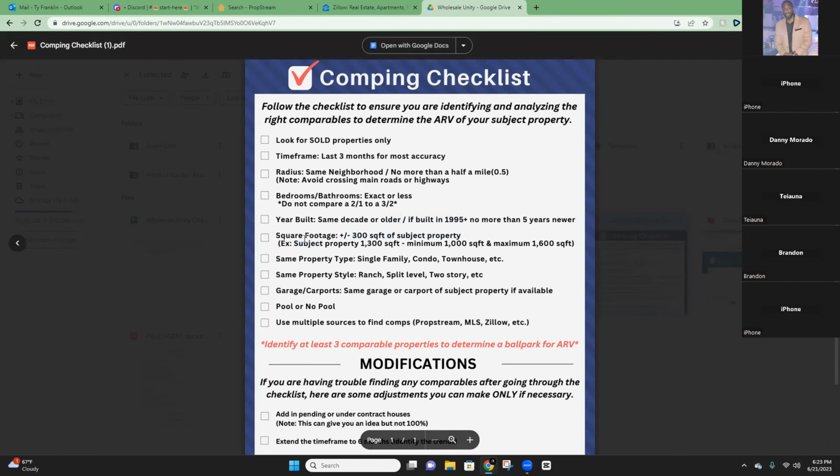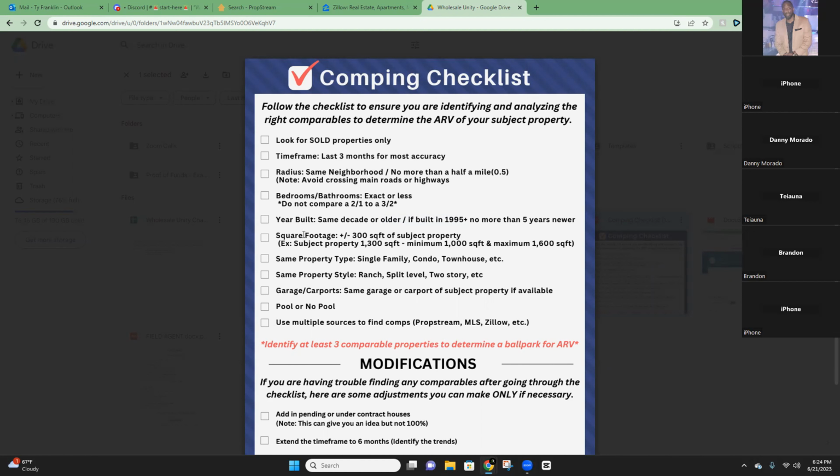Next thing, very important, square footage. These are key factors in criteria that you have to take into account when you're searching for your comps, right? Square footage, very important. Plus or minus 300 square feet of the subject property. So if my subject property is 1,200 square feet, I'm going to put a max of 1,500 square feet.